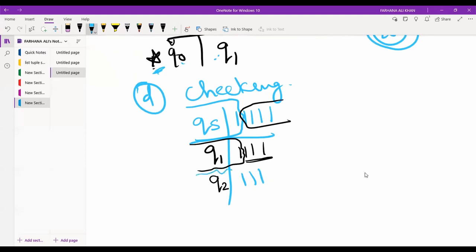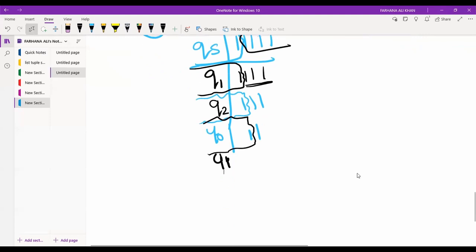Now we take one symbol, and Q2 on 1 goes to Q0. What is remaining is 2 occurrences of 1. Now Q0 on 1 goes to Q1, and what is remaining here is a single 1.